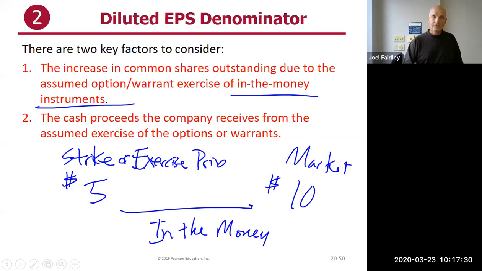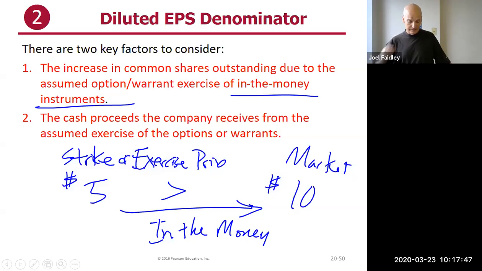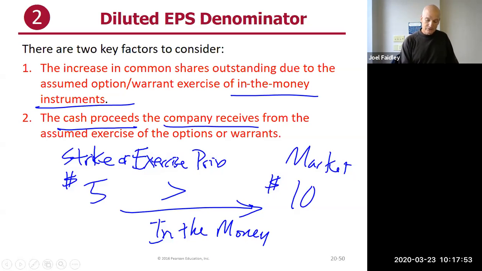Meaning these officers that have these and they're past the service period, if they have the opportunity to exercise this, and they would, any amount that's greater than 5, it's in the money if it's above the strike price. And that's the assumption here, is we're going to do this calculation. But remember, there's always cash proceeds the company receives from the assumed exercise.